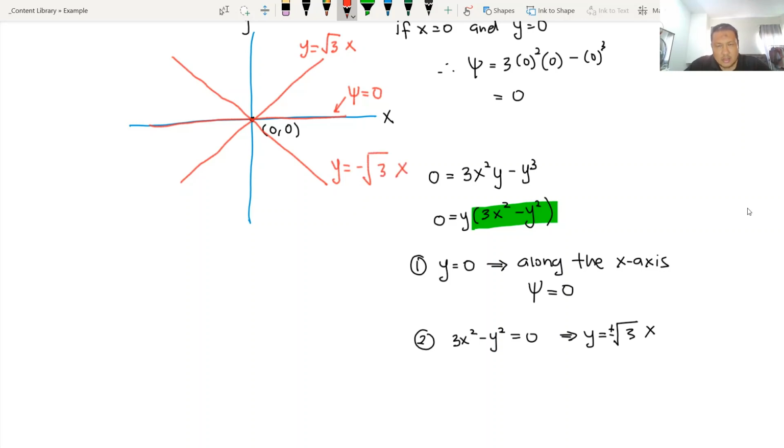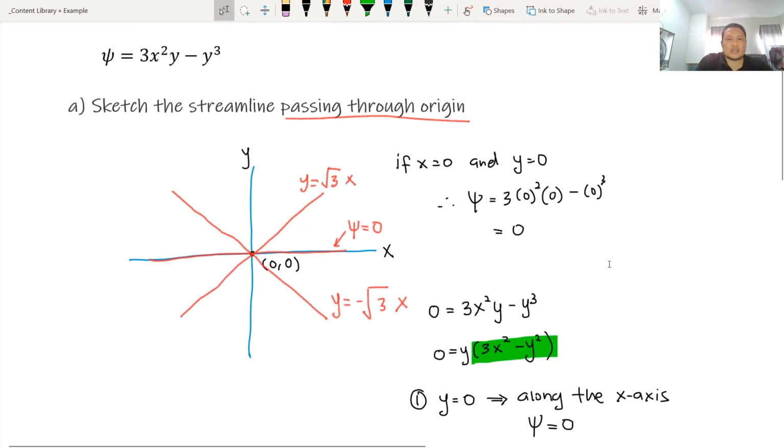Is it only these lines? No, because these are the lines passing through the origin. If you plot other streamlines based on this equation, you may find lines like this, here, or here.